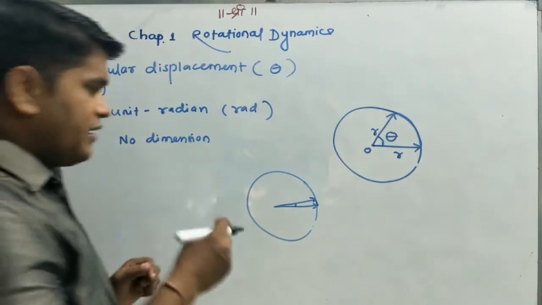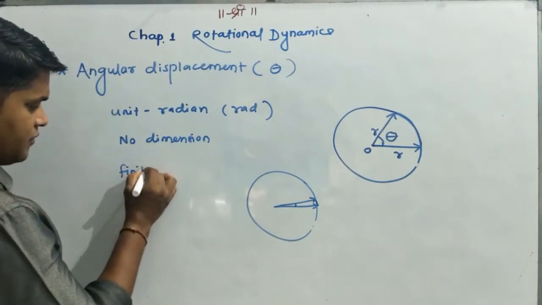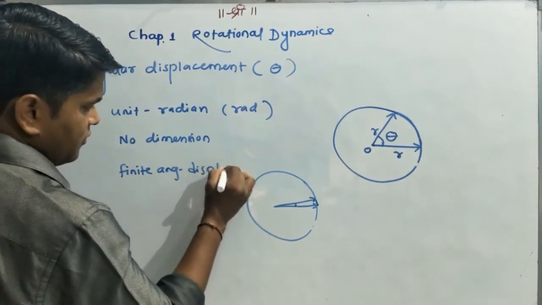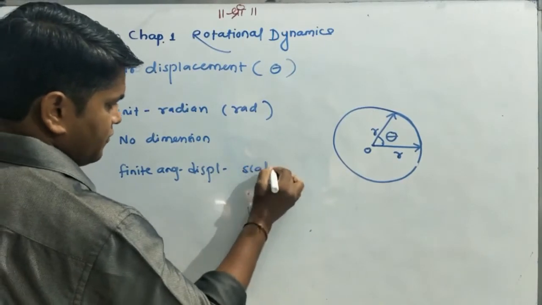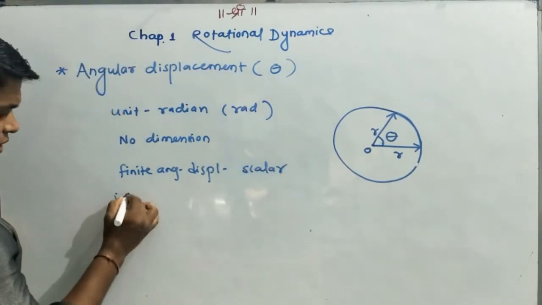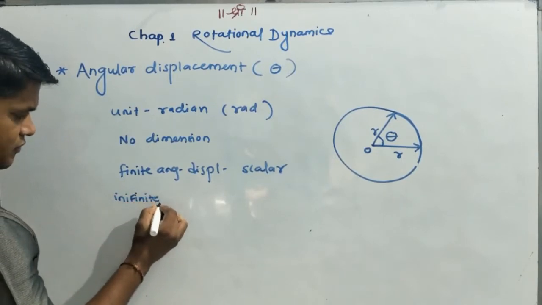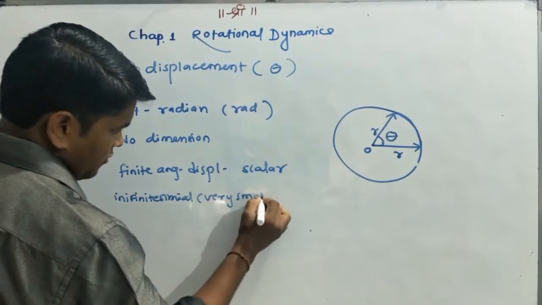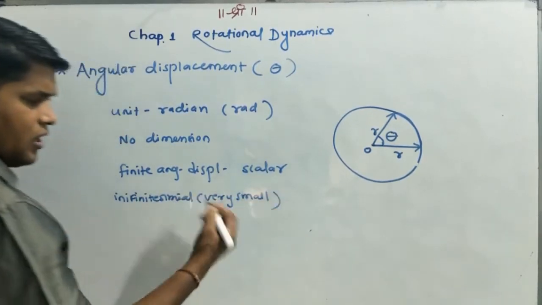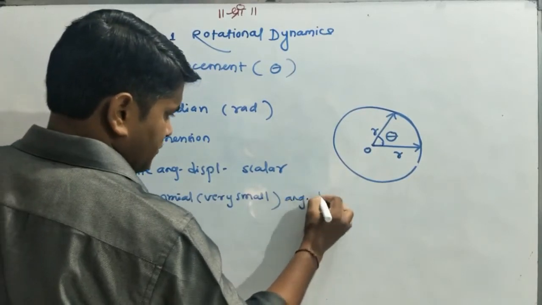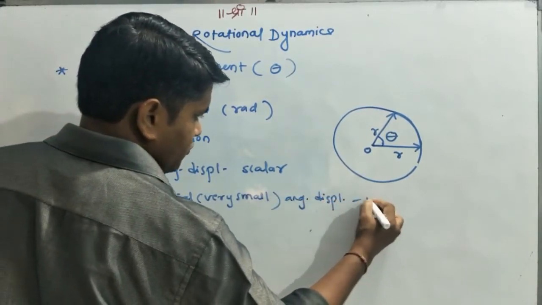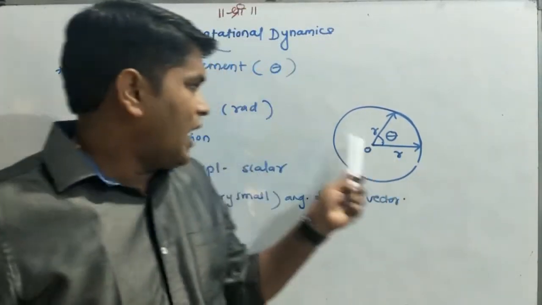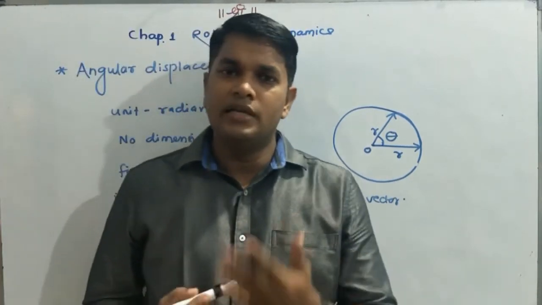Means finite angular displacement is a scalar quantity, but infinitesimal angular displacement, that is very small, nearly equal to 0, is a vector quantity, means it has direction.